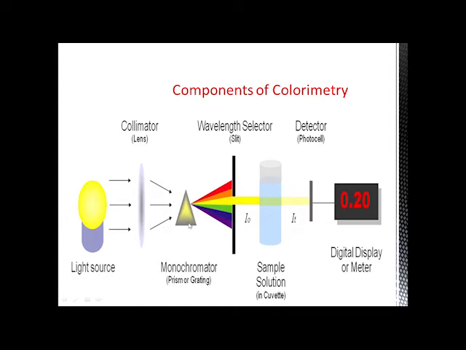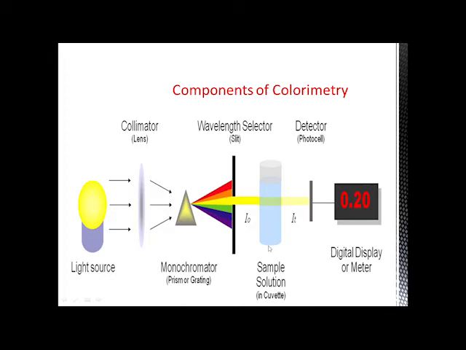If you want a green filter, it is chosen here; if yellow, then the yellow filter is chosen here. According to the wavelength that you want, the selection is made here, and then there is an exit slit through which this particular light is passed through the sample solution.